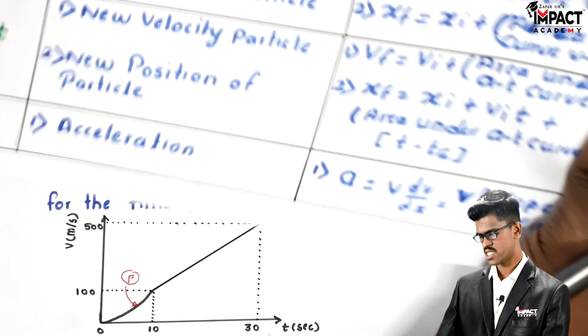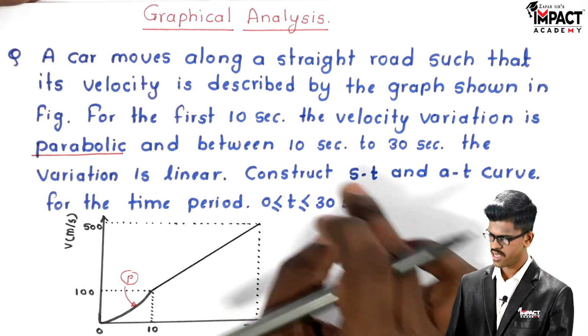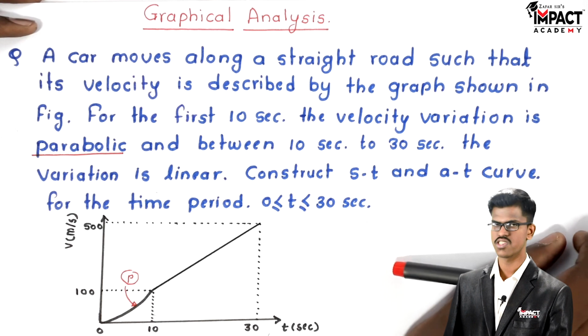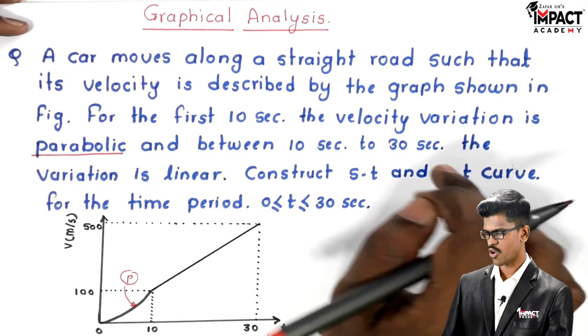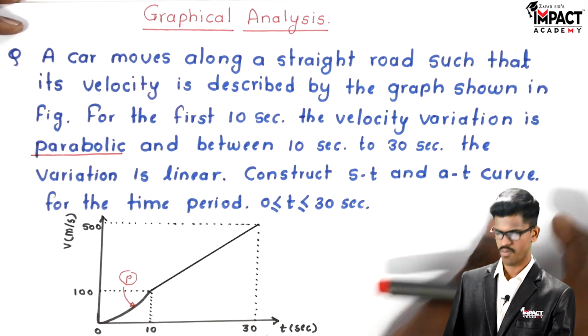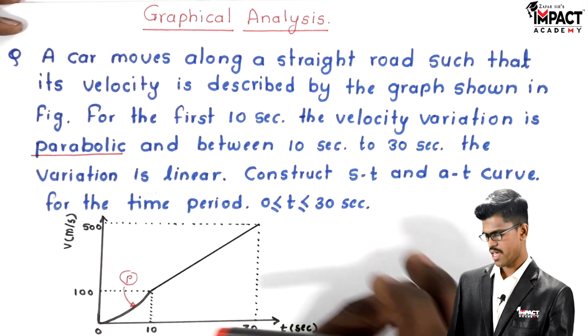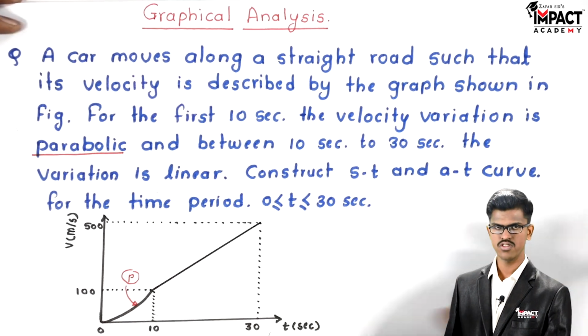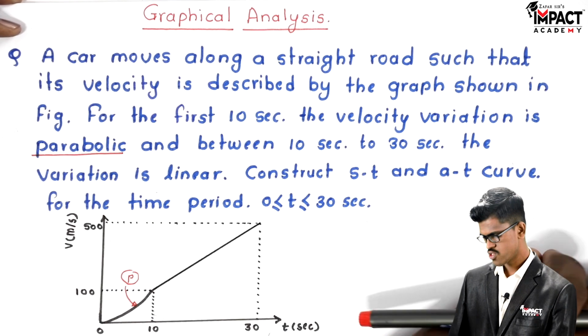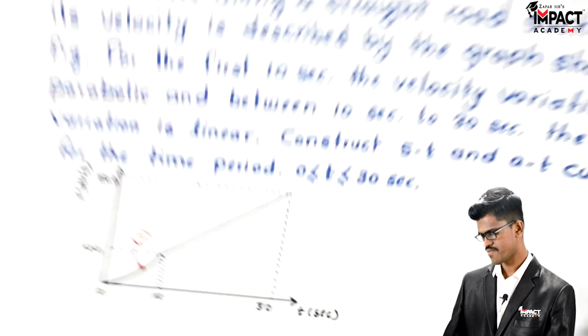So in this question, we have to find both curves, the displacement time curve and the acceleration time curve. For the acceleration, we find the slope of this curve, and for the displacement time, we use that formula. So let's start with the problem.